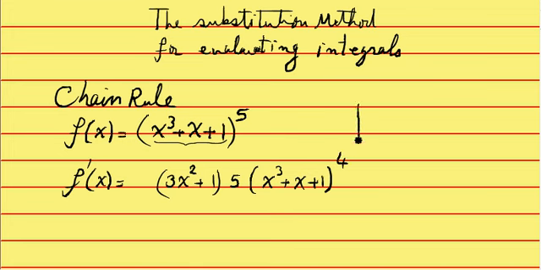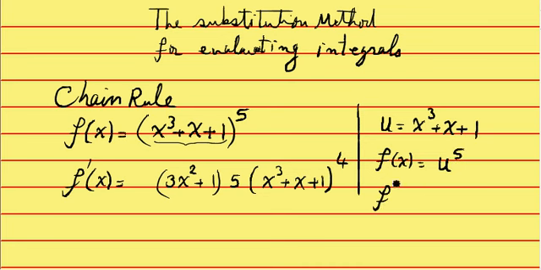So if I had defined u to be x cubed plus x plus 1, then my f of x would have been just u to the power of 5. If I want to find f prime, I would say the derivative is 5 u to the power of 4. So I'm differentiating this thing with respect to u.